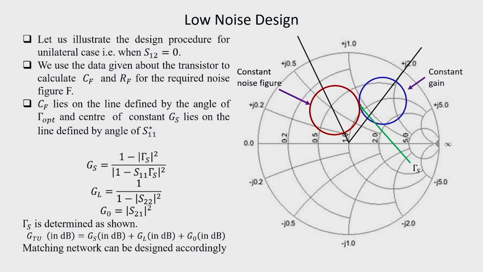and once we have this gamma s and gamma L, we can design a matching network following the procedure that is used to transform Z naught to either gamma s or gamma L using stubs, section of transmission lines or lumped elements.